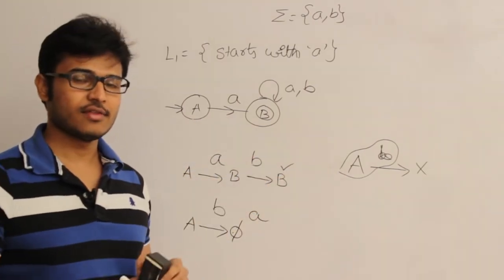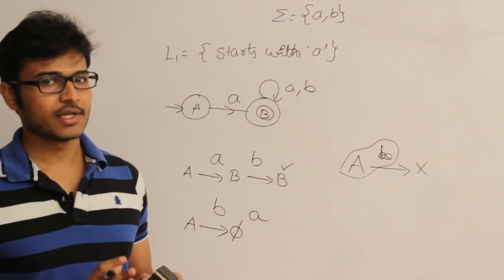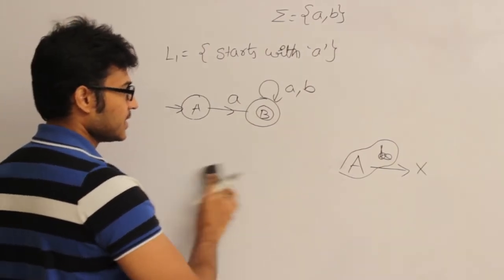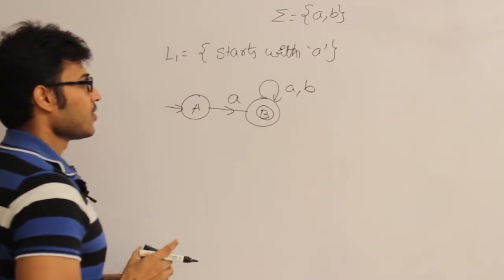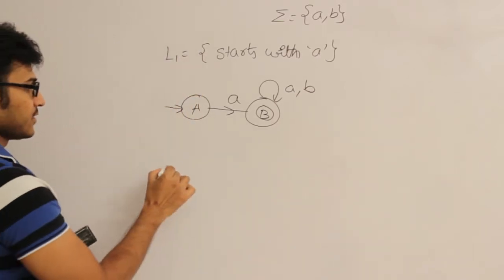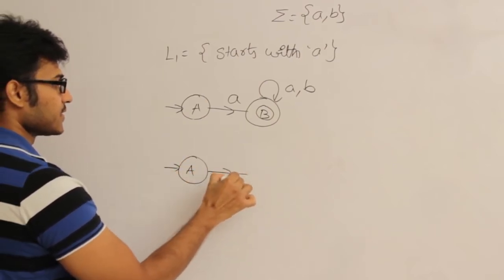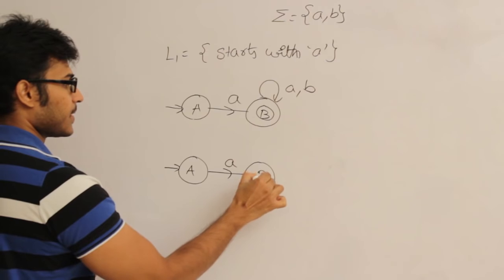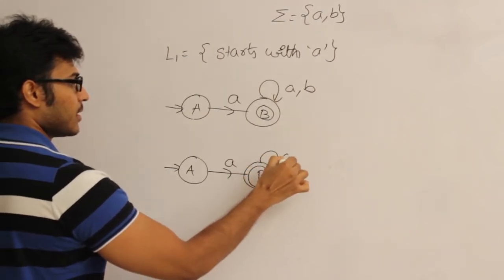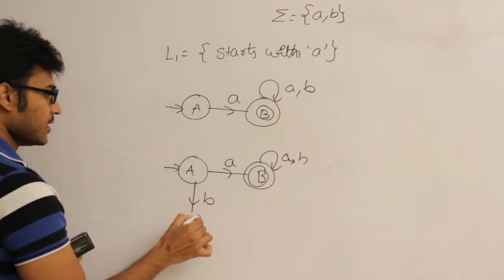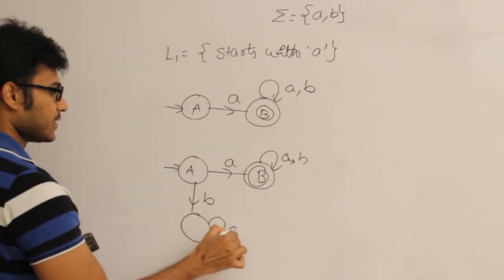In case of DFA, the dead configuration is actually replaced by the trap state. Or if you have to understand this in detail, maybe you can think of it this way. Let us take a DFA for the same problem. The DFA for the same problem looks like this: A, B, A comma B, and if the string starts with B, I am going to kill it.